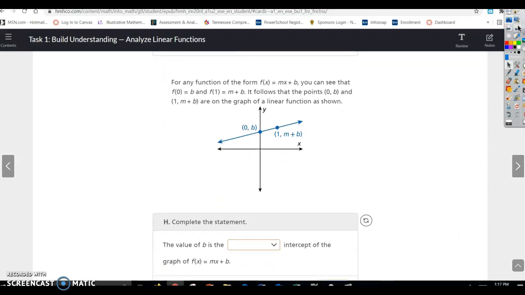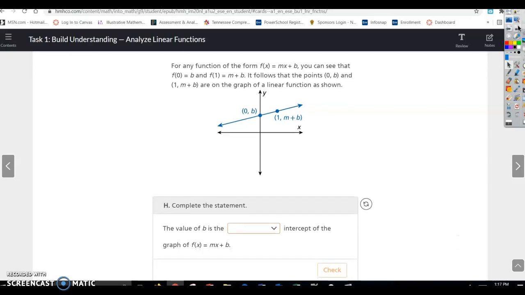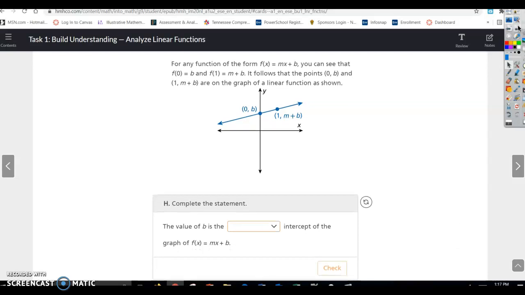All right, for any function of the form f of x equals mx plus b, you can see that f of 0 equals b and f of 1 equals m plus b. It follows that the point (0, b) on the graph here, and (1, m plus b) are on the graph of the linear function.